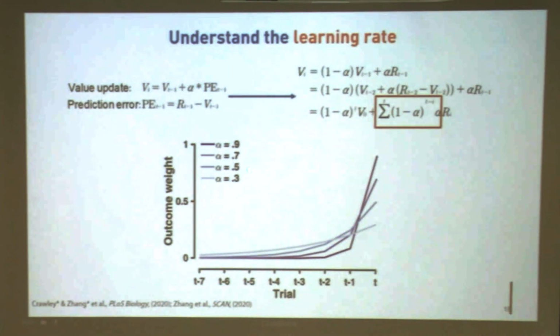When the learning rate is high, this alpha in darker purple, the weight of the current reward is very high, and whatever happened in the past receives a weight relatively close to 0. So this is close to 0, this is close to 0. And when the learning rate is low, 0.3 for instance, the weight of the current reward is 0.3, but whatever happened in the past is non-zero. So there is a remembering effect. You remember what has happened in the past.